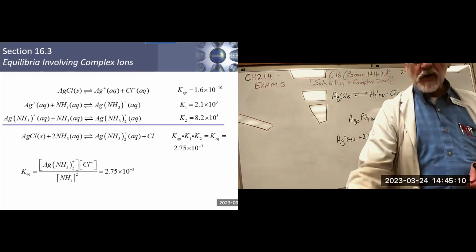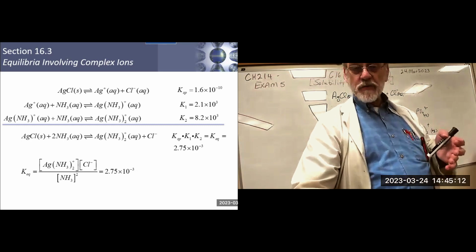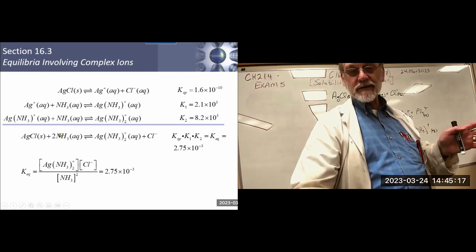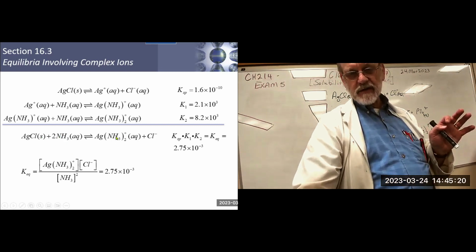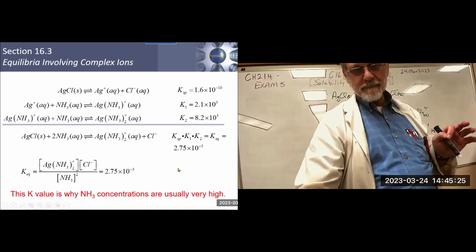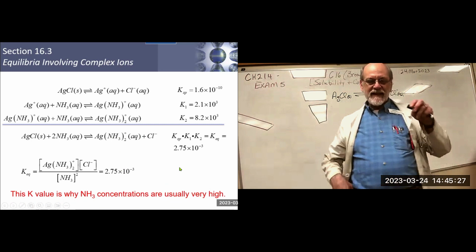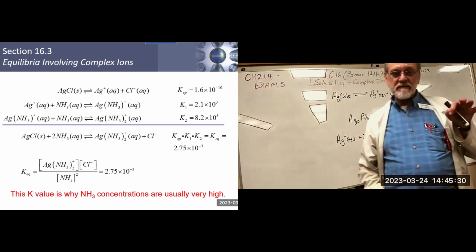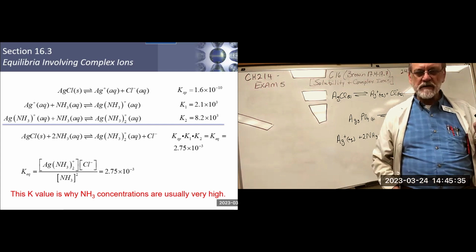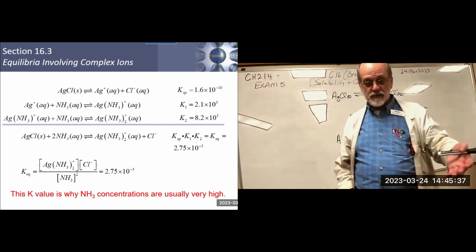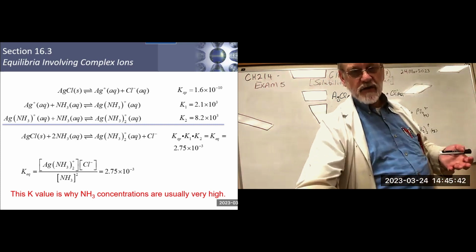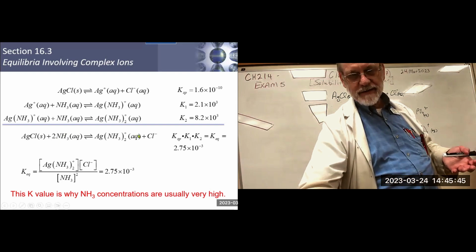Okay? So the K_eq for this reaction is a simple expression, right? Leave the solid out. This goes in the denominator, and these two go in the numerator. This explains why the ammonia concentration that we're going to use in our experiment has to be very high. It needs to be high so that we can drive this reaction to the right.